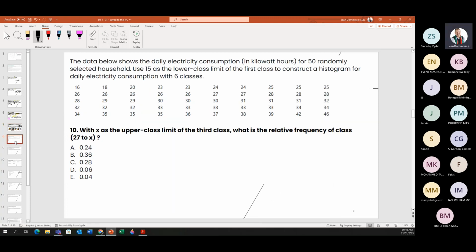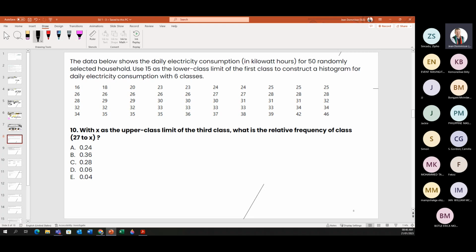Okay, so let's go into a group of data. The data below shows the daily electricity consumption for 50 randomly selected households. Use 15 as the lower class limit of a first class to construct a histogram for daily electricity consumption with 6 classes.